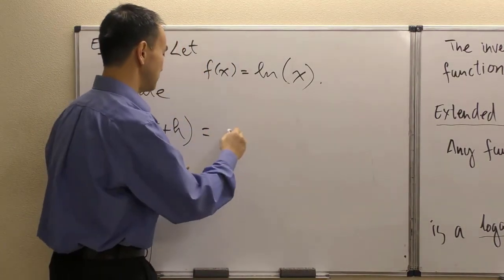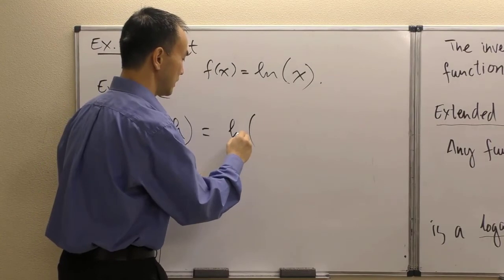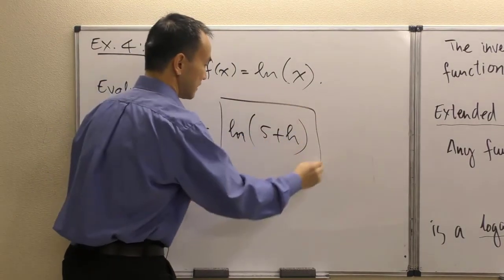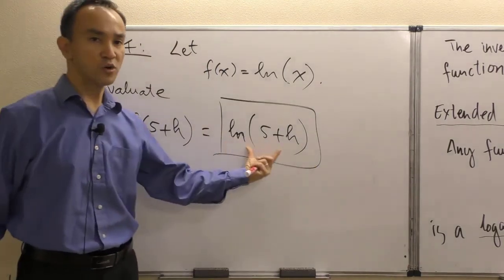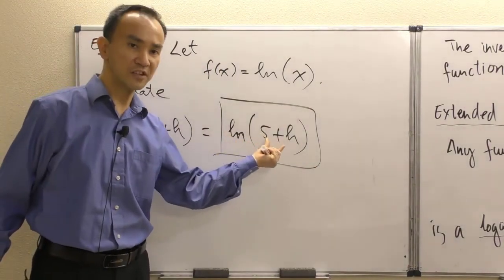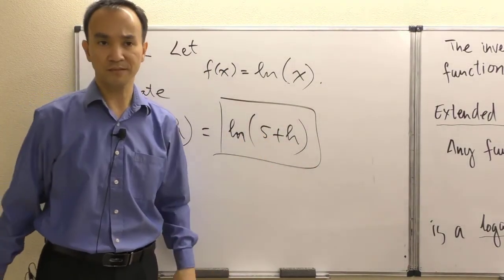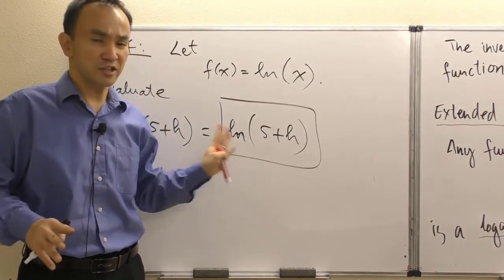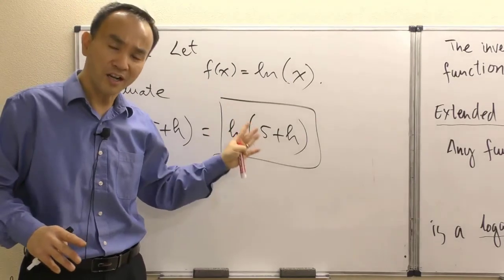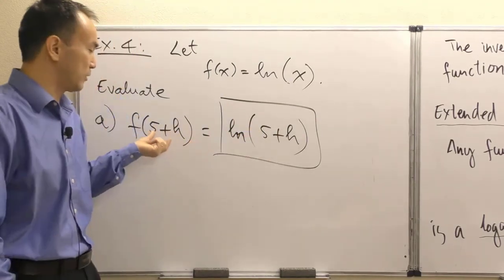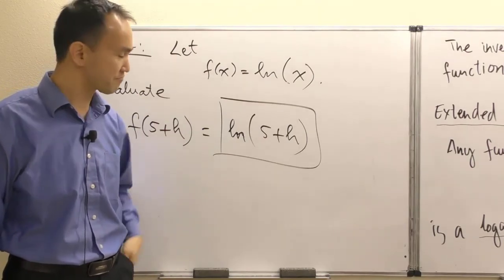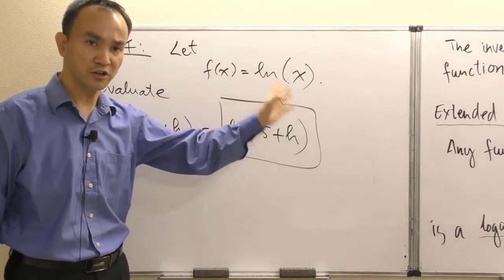And so now it's just simply natural log of 5 plus h. We never had any rule allowing us to work any further with the logarithm of a sum, so we just stop our work right there. At first thought the work seems complicated, but it turns out that's all I wanted you to get comfortable with: taking an expression, throwing it inside a logarithm, and producing a larger log expression.